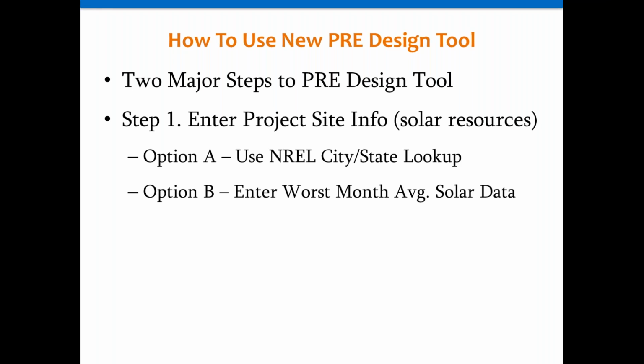As I mentioned, the first option that you have is to utilize our built-in NREL Redbook city-state site database lookup. There are a variety of different sites for all 50 states. So there are several to choose from within every state. Simply choose the closest city to your project location and go from there.